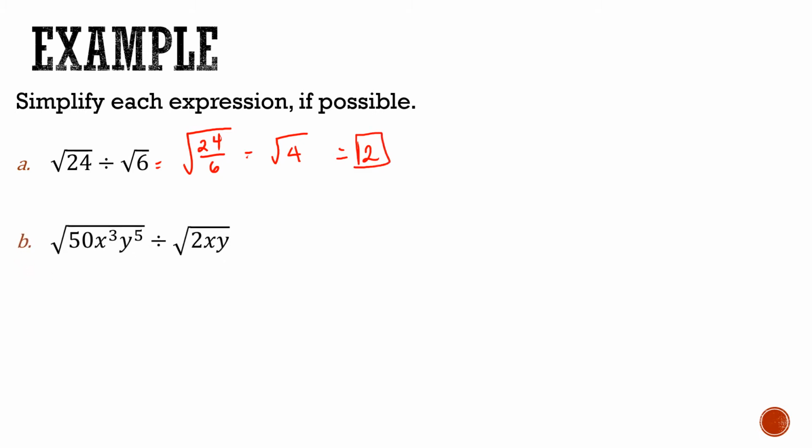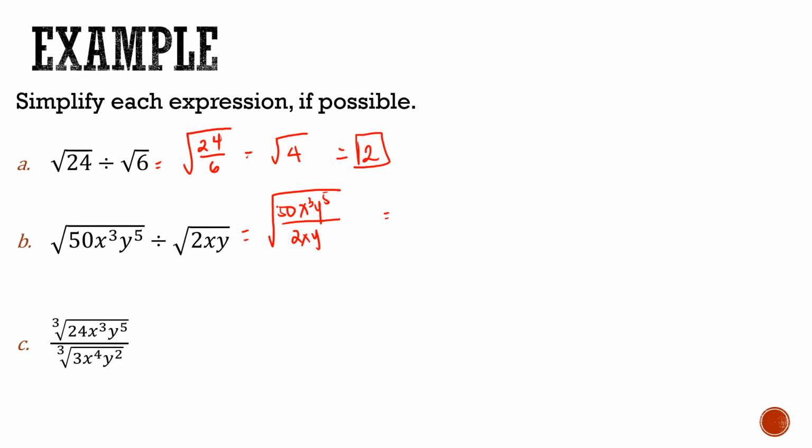Next, square root of 50x cubed y to the 5th power divided by square root of 2xy. The same procedure will be applied. So we can rewrite this as square root of 50 x cubed y to the 5th over 2xy.